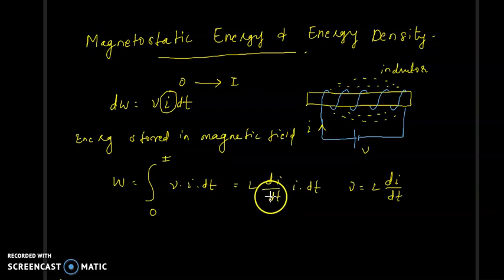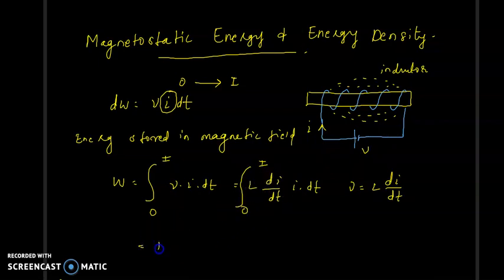Here we can cancel some terms in the numerator and denominator, and take out the constant term. The constant term is L, the inductance of the inductor. It is not going to change with time unless the inductor saturates. So L is a constant term.